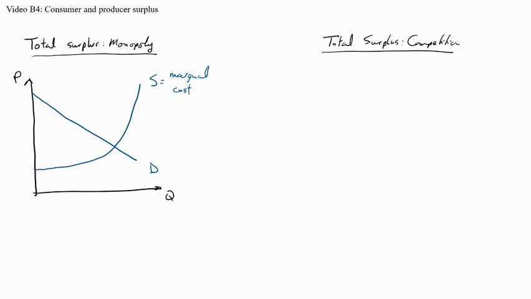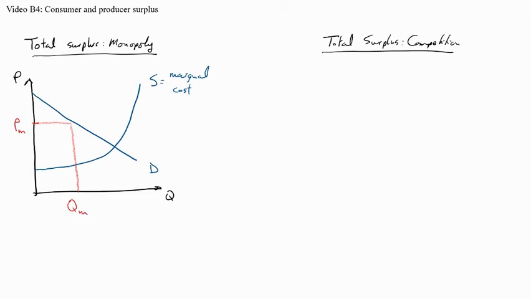And now the difference is that the monopoly can choose the price, and it chooses a price above what would result in competition. So let's introduce that price PM for the monopolist, and going across to the demand curve, that tells us how much is purchased on the demand side, and we'll label that QM for the amount purchased by the consumer.